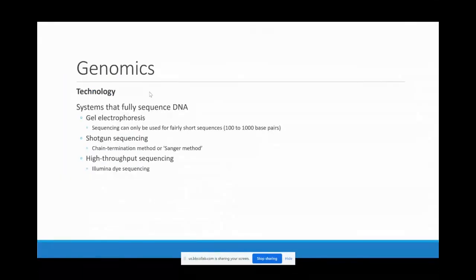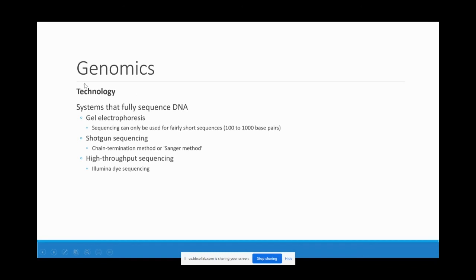Okay, so the technologies you would use for sequencing DNA. Remember, we have a sample of a person's whole DNA, and we need to sequence it. We need to see what their DNA strand is so that we can then compare it to potential other DNA strands.